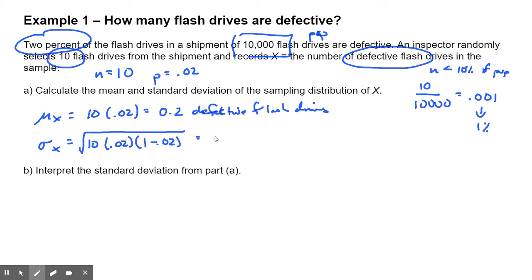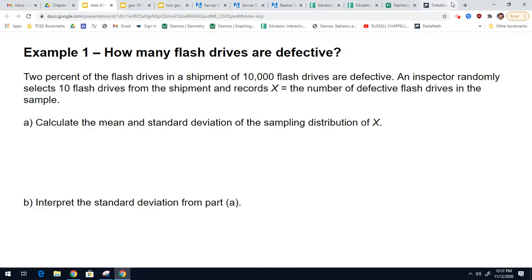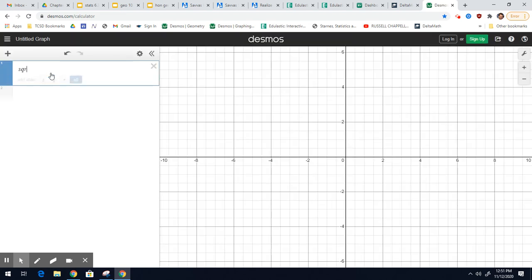Okay, and I'll go ahead and show that in our graphing calculator. Okay, Desmos graphing calculator here. So we're doing the square root of 10 times 0.02, times 1 minus 0.02. And there we go. Let's round to 3 decimals.